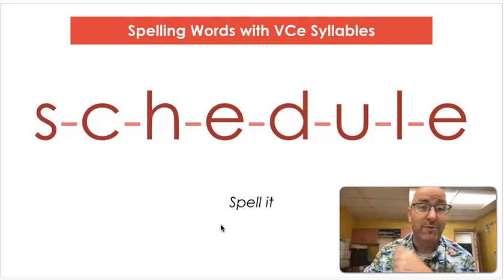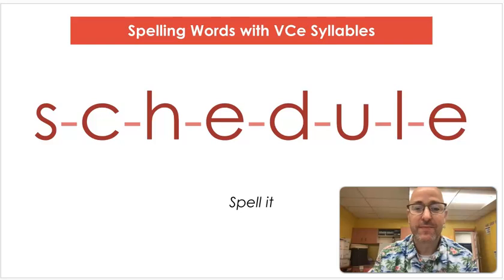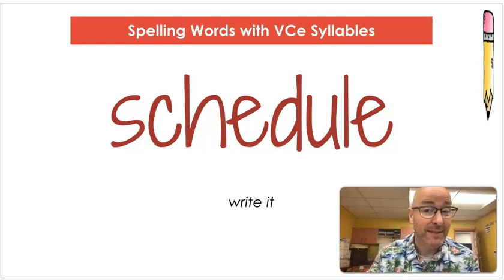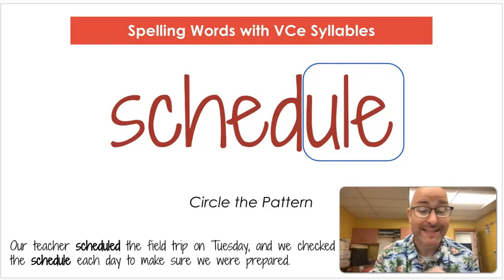S-C-H-E-D-U-L-E. Schedule. All right, and let's write it. S-C-H-E-D-U-L-E. What's the last syllable? Yule, because it's schedule. Our teacher scheduled the field trip on Tuesday, and we checked the schedule each day to make sure we were prepared.